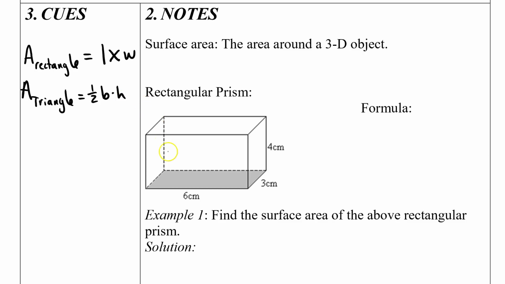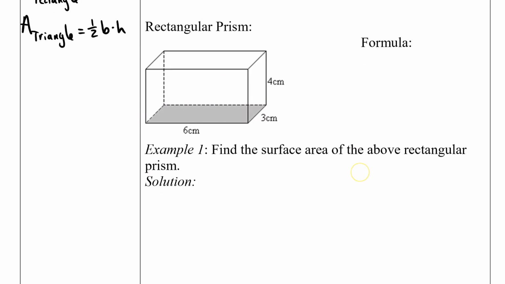So when we look at this rectangular prism right here, what we could do is find the area of all of these different shapes and add them together. Now you're noticing that there is a space for a formula here, okay? But first I want us to calculate it the long way, just so that you can appreciate what the formula actually does. So we're going to take into consideration the three different shapes that are in here.